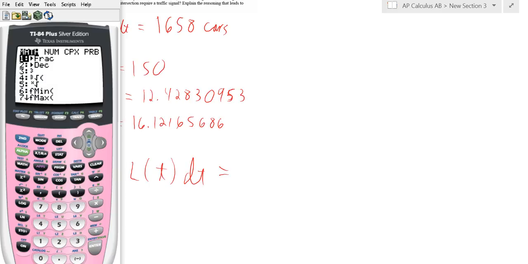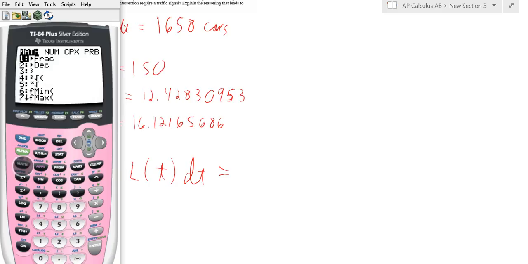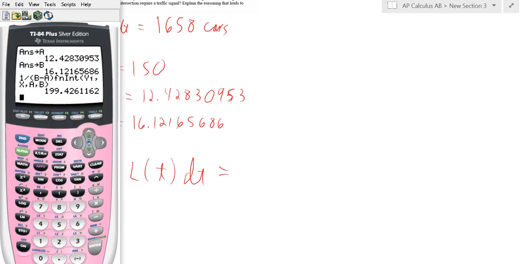And then you want to do math 9. I want to integrate y1 with respect to x from alpha a to alpha b. And you get 199.426.